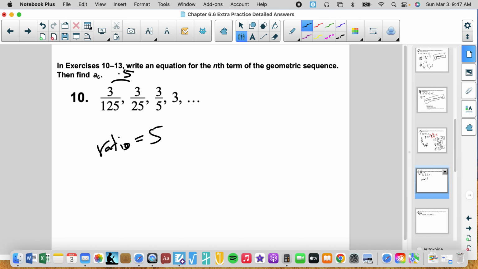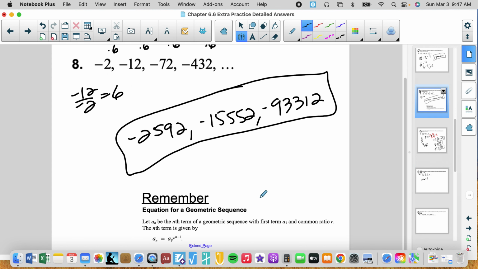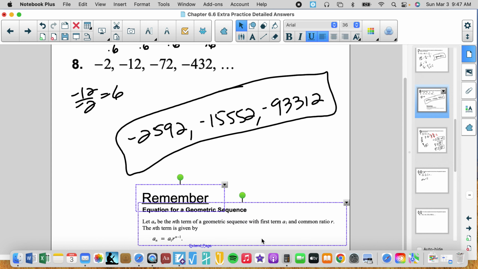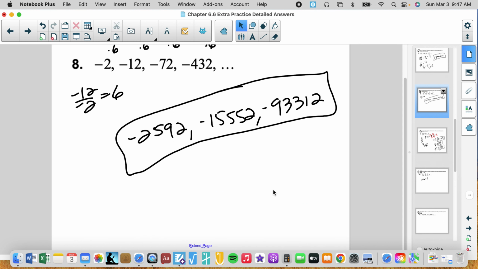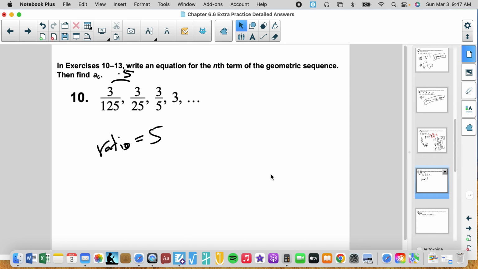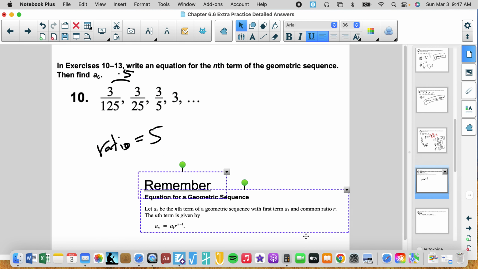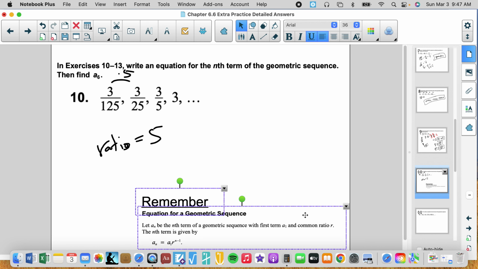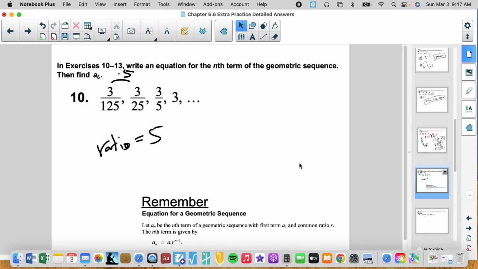So let's go back to that little thing that I saved, remember. That was actually for this section. So we're going to find the common ratio, which is 5, and we want to write an equation for it.